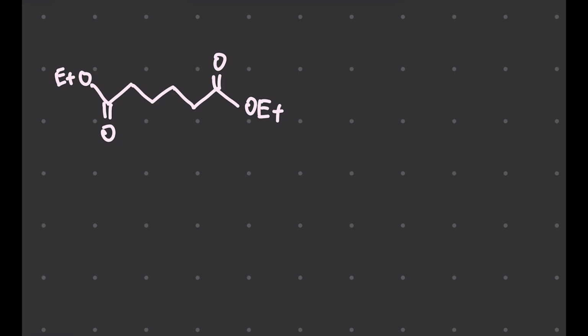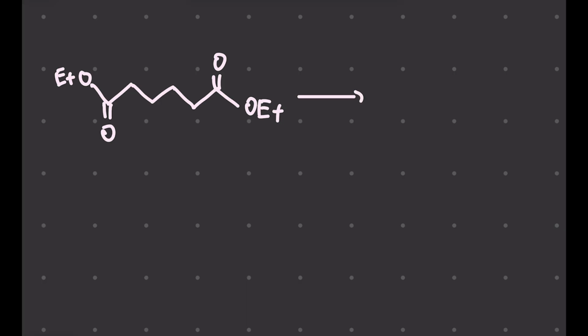Now let's talk about Dieckmann condensations. Dieckmann condensations are basically just intramolecular Claisen condensations. So if we were to have a diester, carbons 1, 2, 3, 4, 5, it's very similar to intramolecular aldol reactions.